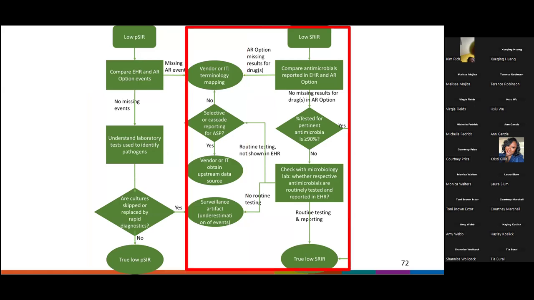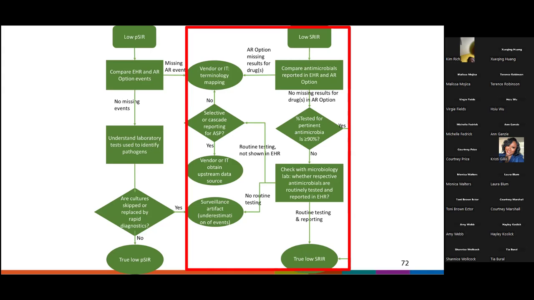In the situation of low SRIR, compare your EHR and AR option reporting. If missing antimicrobial susceptibility results for certain drugs, check drug terminology mapping with your vendor. Otherwise, check the % tested for pertinent antimicrobials.